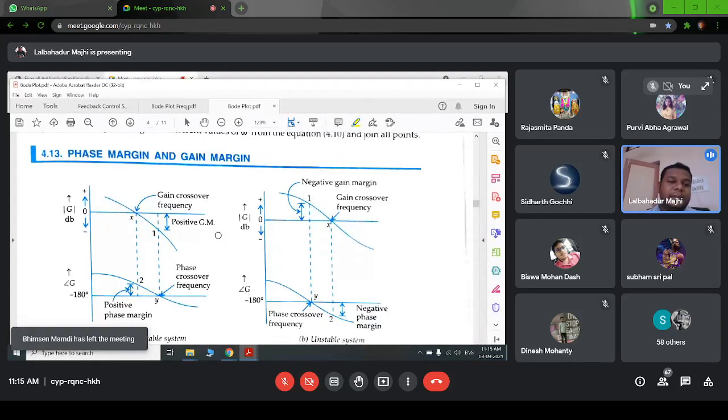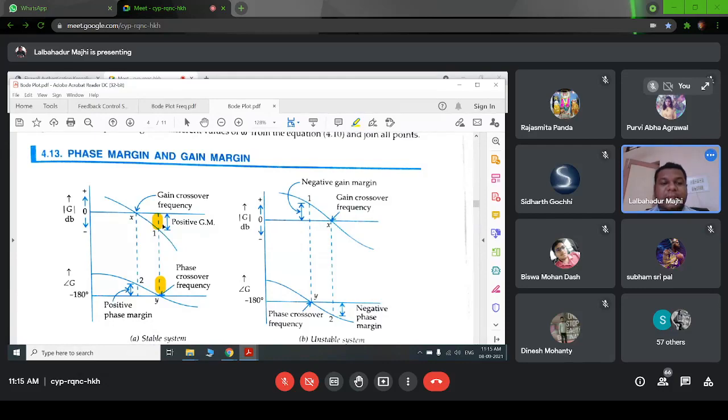Next we have to identify the gain margin and the phase margin. So you know this gain margin is calculated at phase crossover frequency. So this is our phase crossover frequency. So we have to draw a line up to this. Now we can see this point, right?